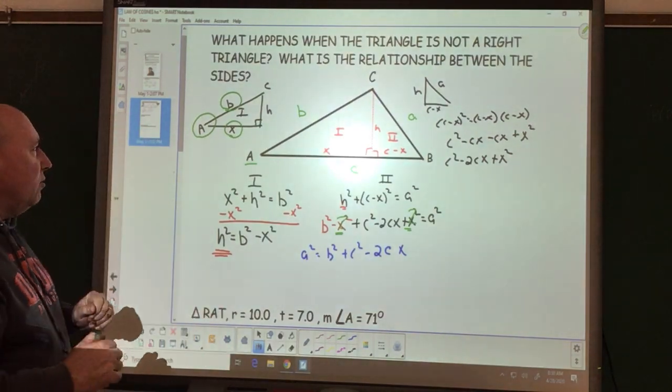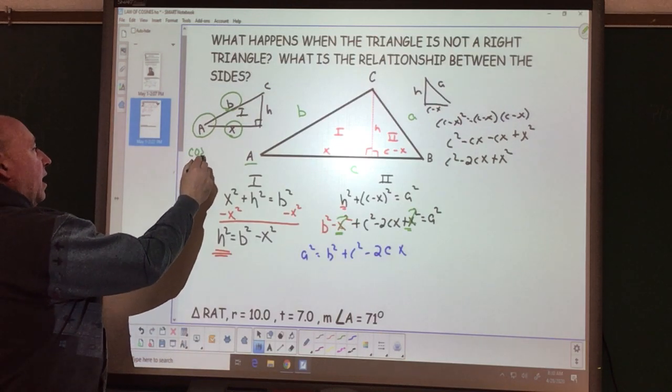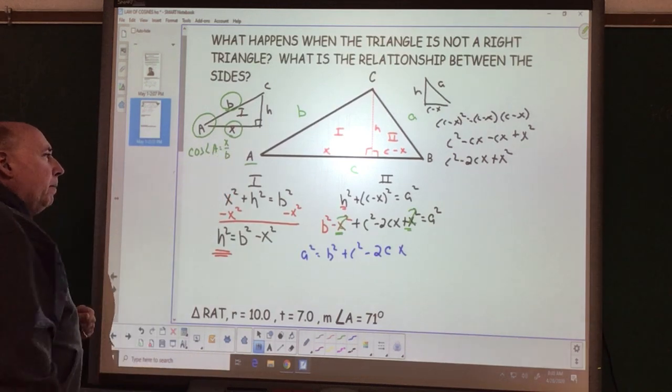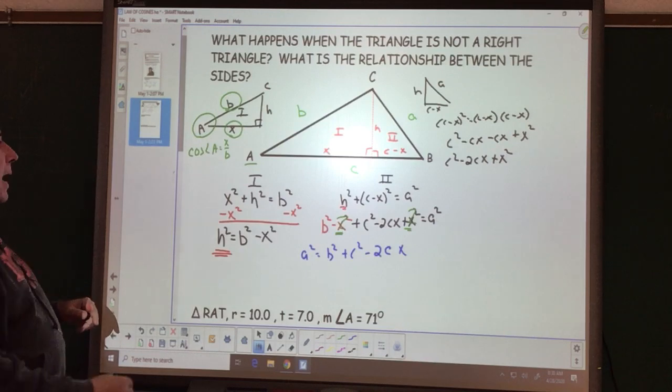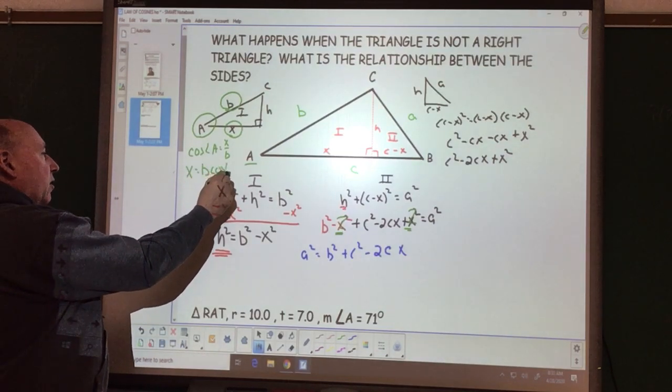That's correct, it is the cosine. So the cosine of angle A is equal to X over B. Multiplying both sides by B, X is equal to B cosine angle A.